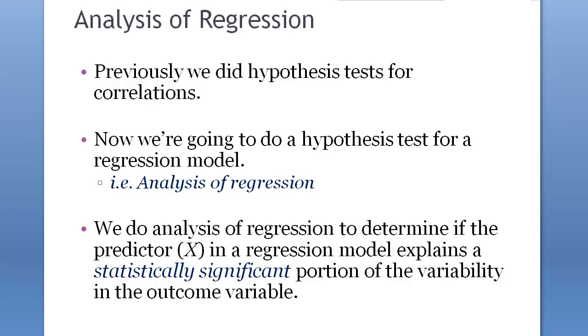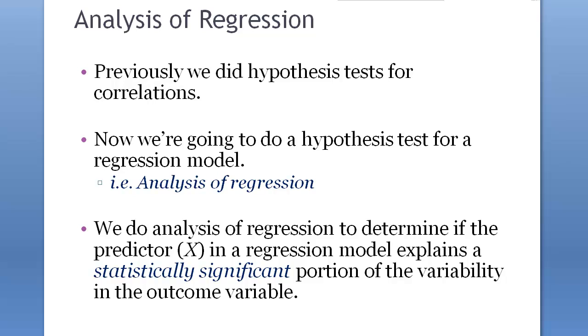In other words, what we'd like to prove is, for example, if you get 56%, it explains 56%, but is that a statistically significant portion? Is it explaining a statistically significant portion?